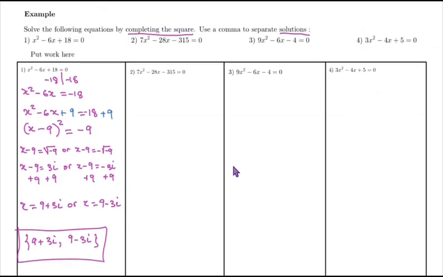Next example. Let's divide both sides by the coefficient of the quadratic term, by 7.